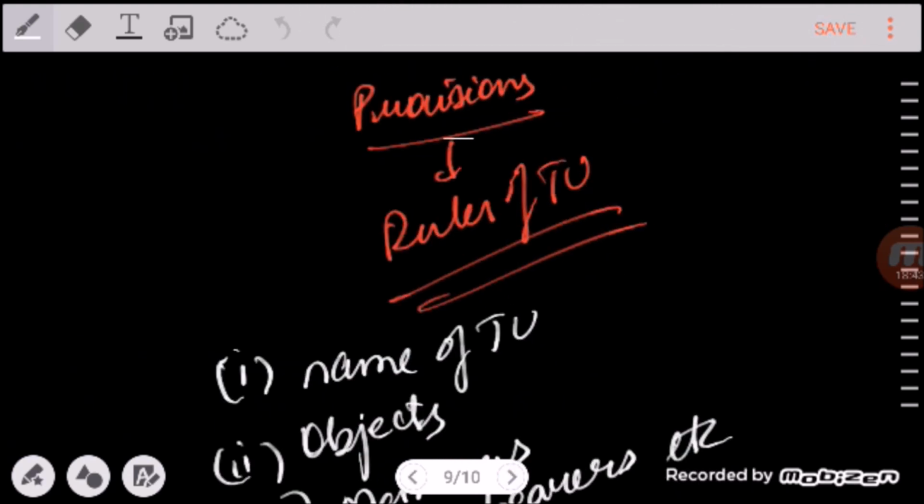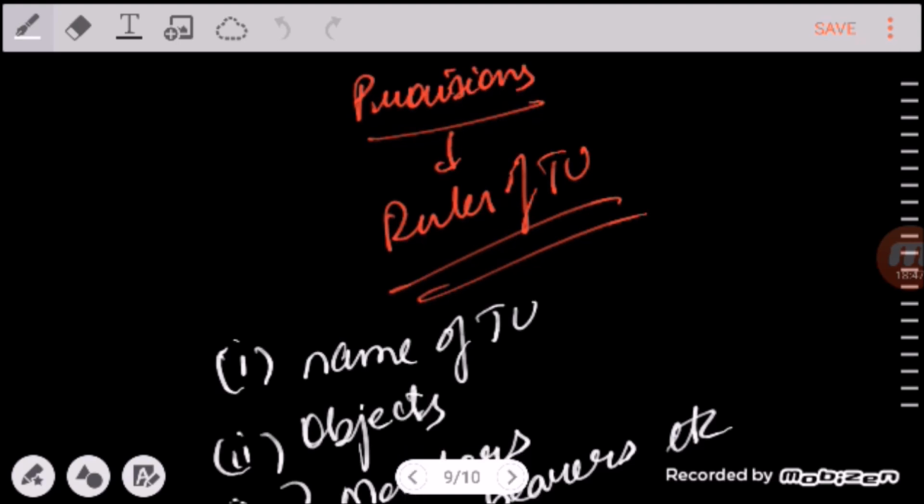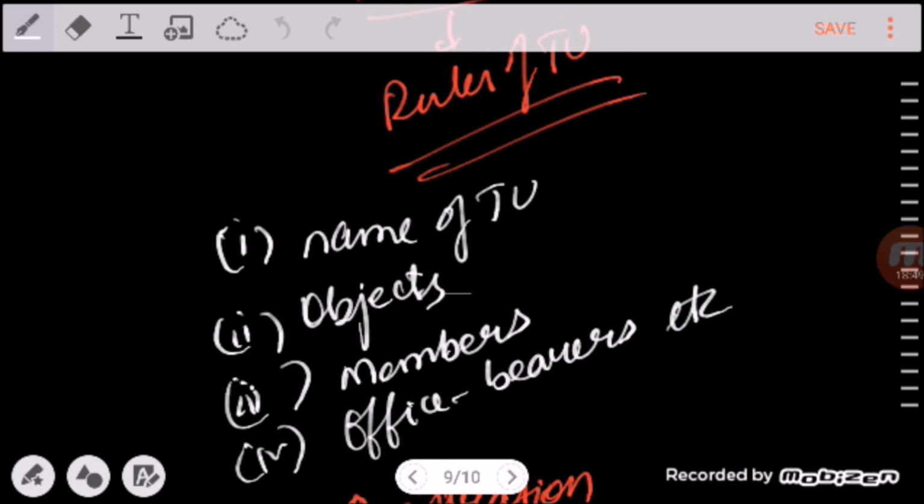Then we discussed the provisions to be contained in the rules, like the name of the trade union, objects of the trade union, members of the trade union, office bearers of the trade union, and several other points.